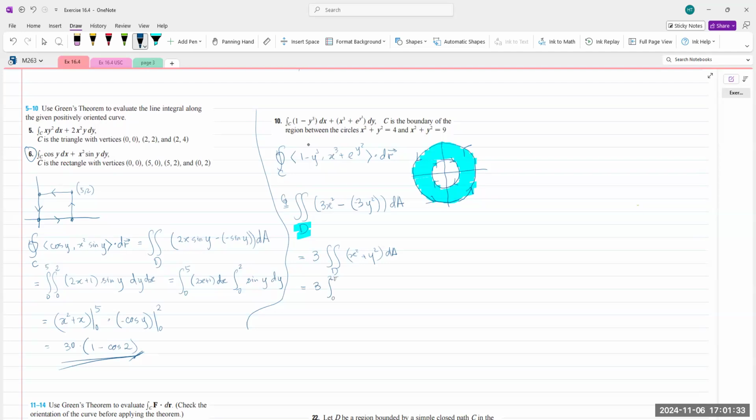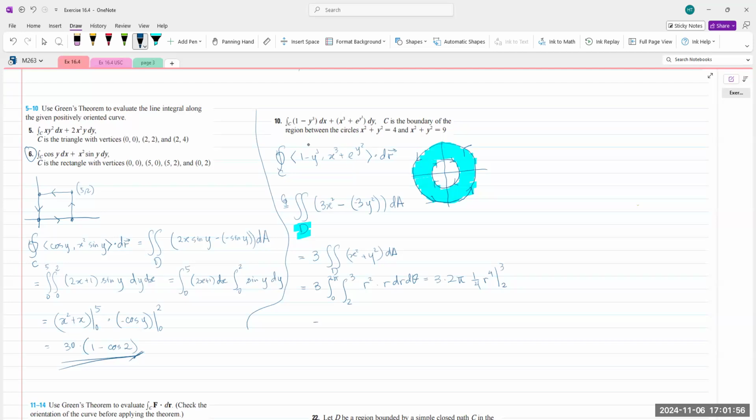Integral from 0 to 2 pi, integral from 2 to 3 of r squared, r dr d theta, independent of theta. This is 3 times 2 pi, right? That's r cubed becomes 1/4 r to the 4th from 2 to 3.